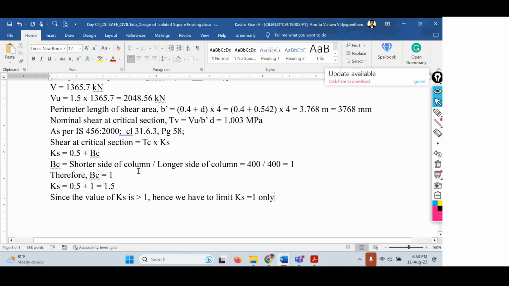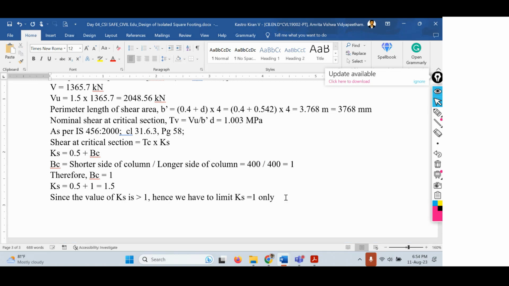Sorry, I told it in a reverse way: not for beta C, but for Ks. Whatever the beta C value that you are getting, you have to take that only, but Ks value I have to limit. So I told it in the opposite way.